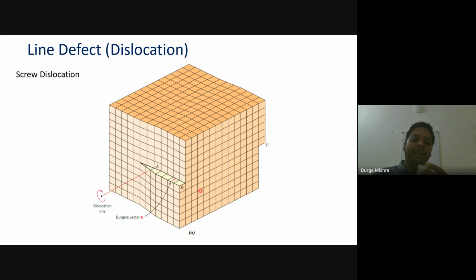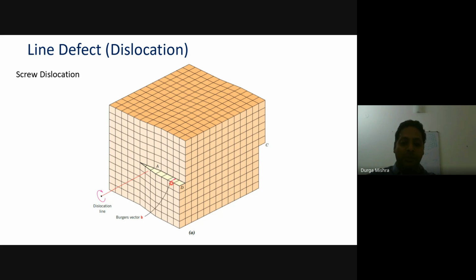This will again be identified with the Burgers vector b. Each dislocation is assigned a Burgers vector. This will be this distance, because you have introduced this extra atomic plane or line.